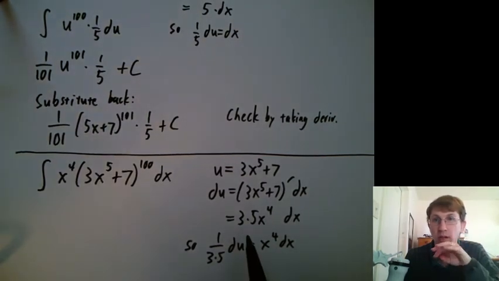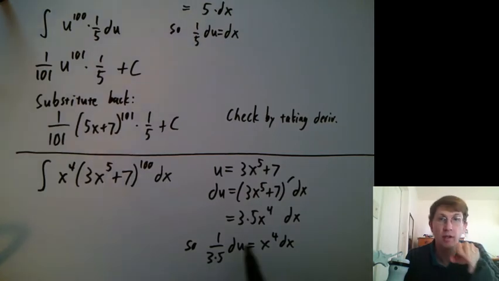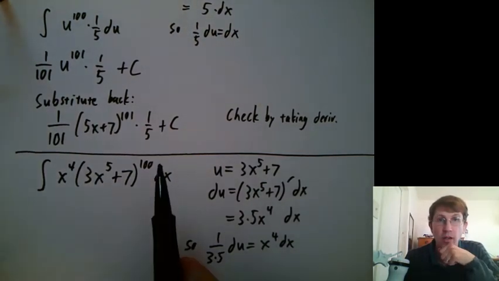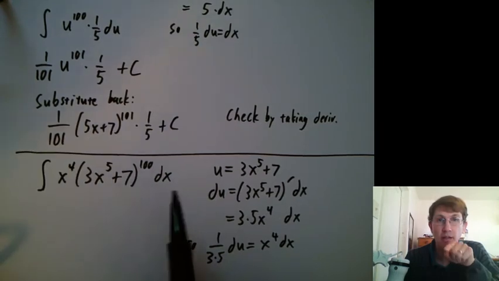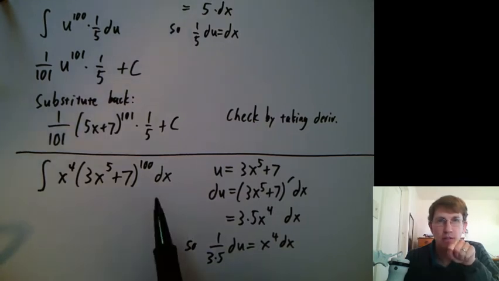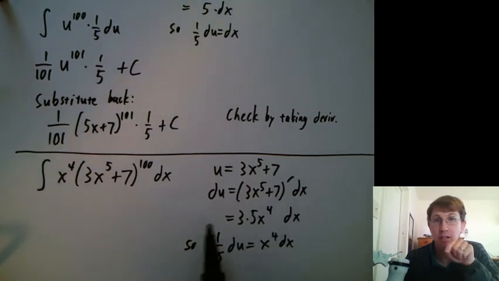So I have all stuff involving u on one side and all stuff involving x on the other side. So now can I replace the dx with 1 over 3 times 5 du? Well, not exactly, because dx isn't just equal to this, but x to the 4th dx is equal to this.